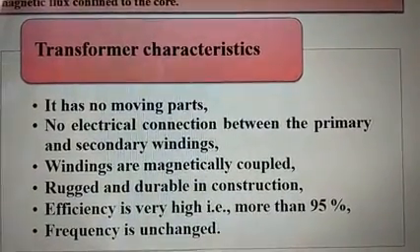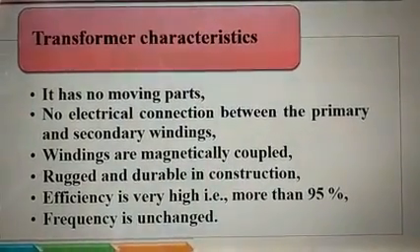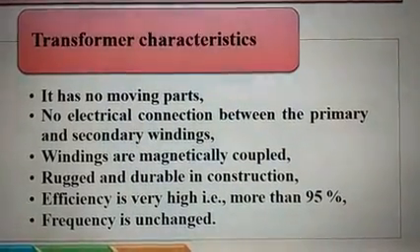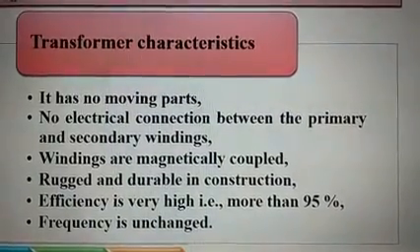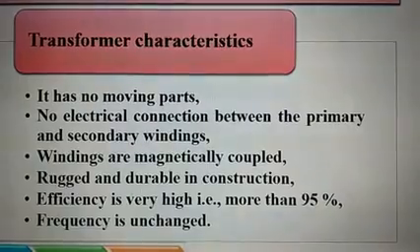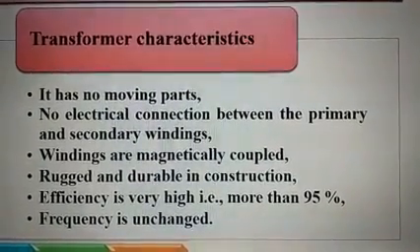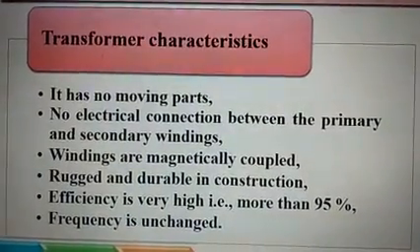This characteristic of transformer makes it very suitable for electrical distribution. Let us say if you are supplying a 50 Hz AC signal at the primary side, the same 50 Hz signal will be obtained at the secondary side.